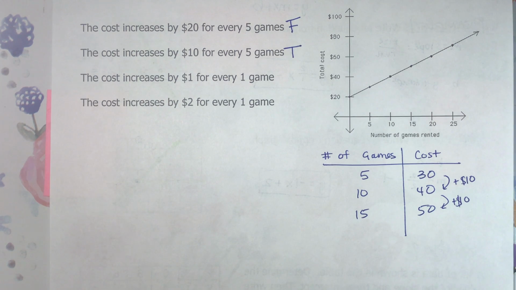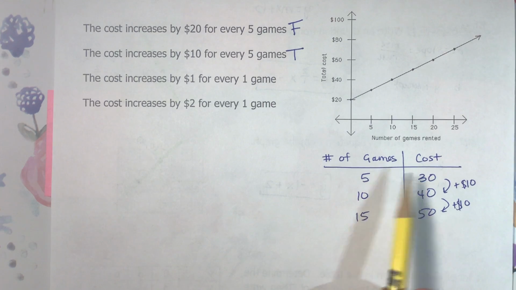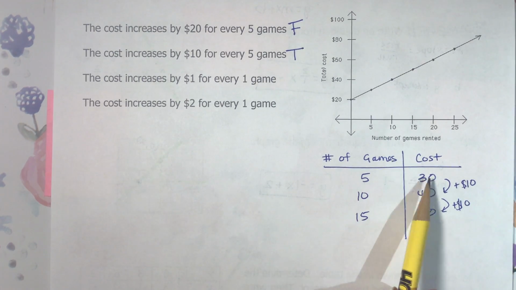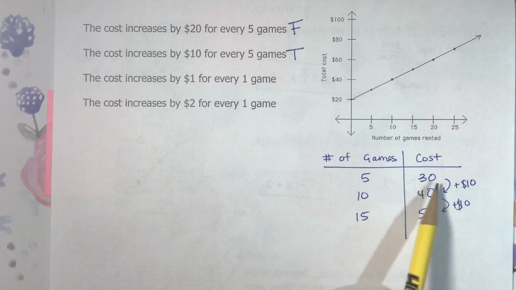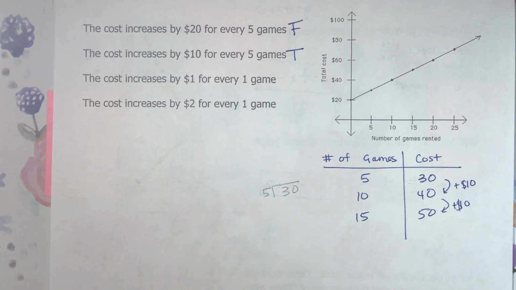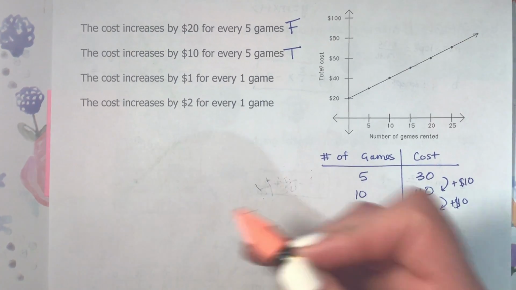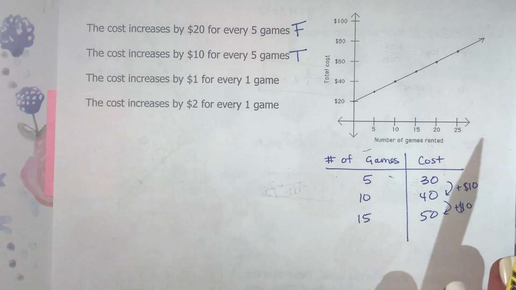All righty. Next it says the cost increases by $1 for every 1 game. Now there are a couple strategies that you can do for this. You can take like 5 games for $30 and figure out how much it is per game. So we could take like 30 divided by 5 and that would help us out. But ignore what I just said there.